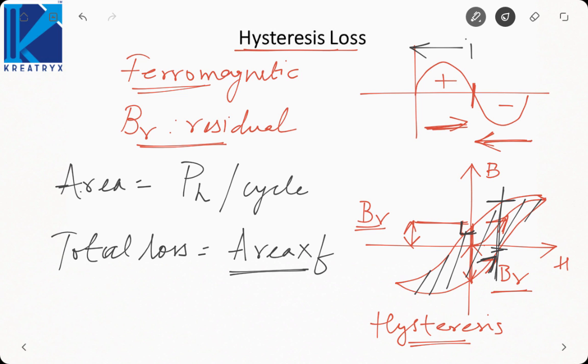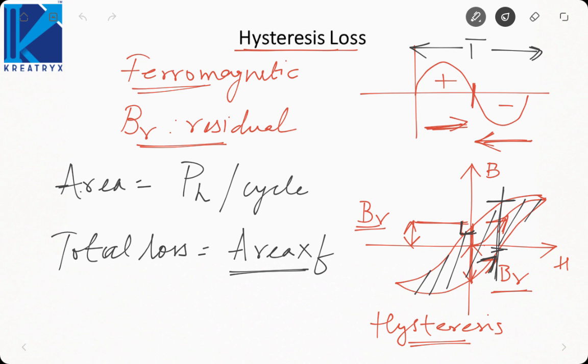Okay, this is the time period, so frequency will be 1 upon time period. So total hysteresis loss is given by area under the hysteresis loop multiplied by frequency of operation of the transformer. This frequency will depend on the frequency of the source applied at the primary winding. Whatever is the source frequency will be the same frequency of operation of the transformer.